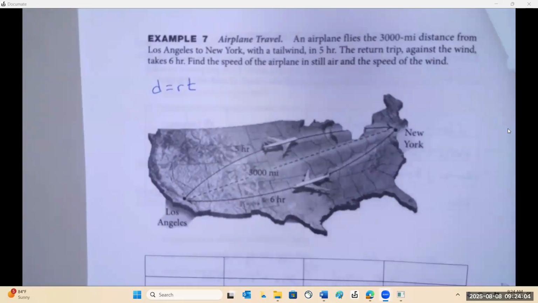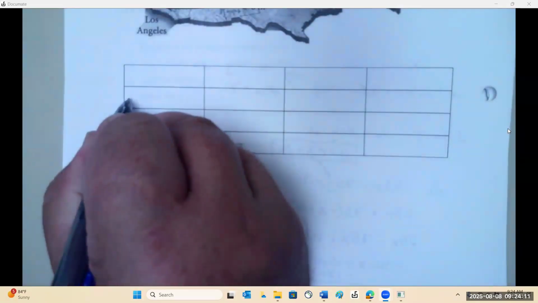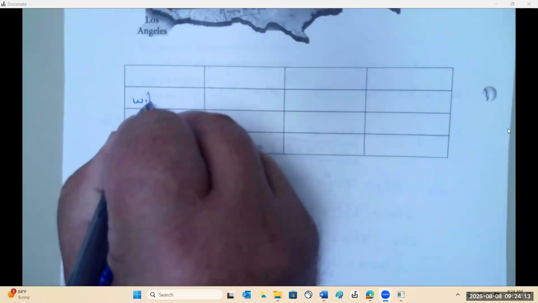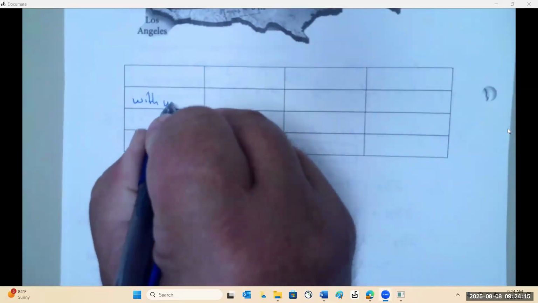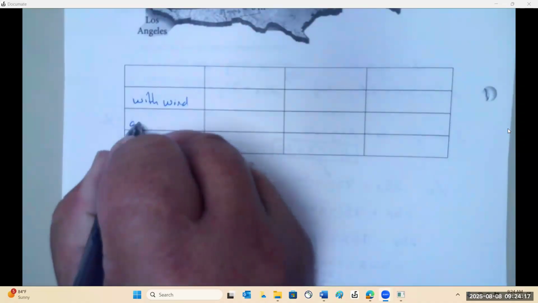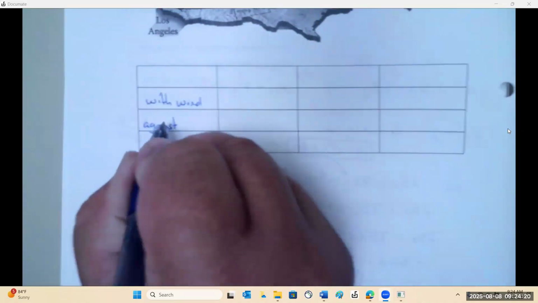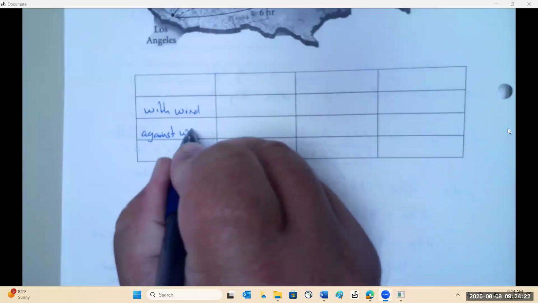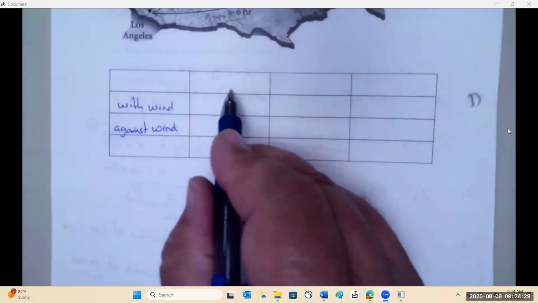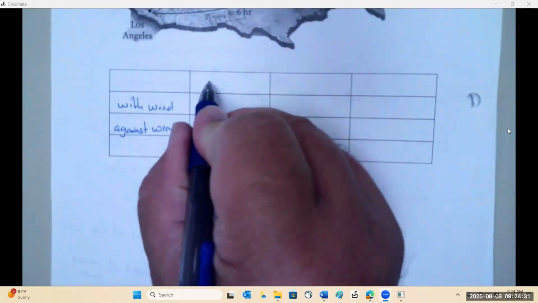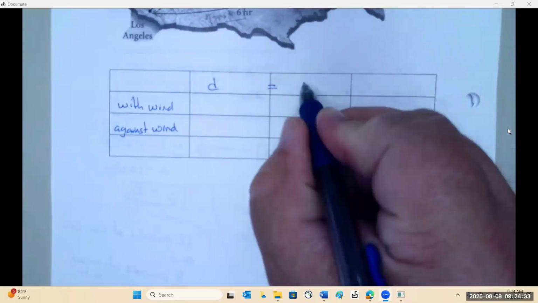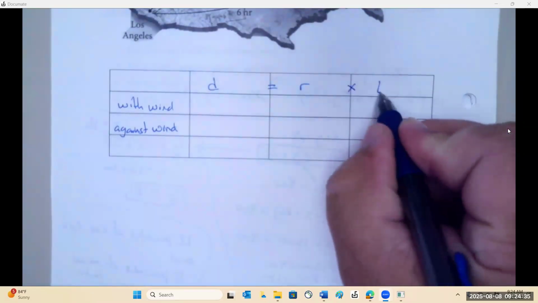How do we do this? So this is with the wind and against the wind. And up here, we have distance equals rate times time.